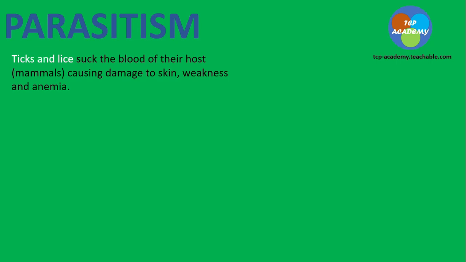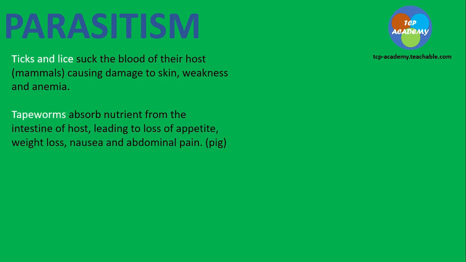causing damage to the skin, weakness to the animal, and may even cause anemia, as these organisms are feeding on the blood of their host. The tapeworm absorbs nutrients from the intestine of the host, leading to loss of appetite, weight loss, nausea, and abdominal pain.